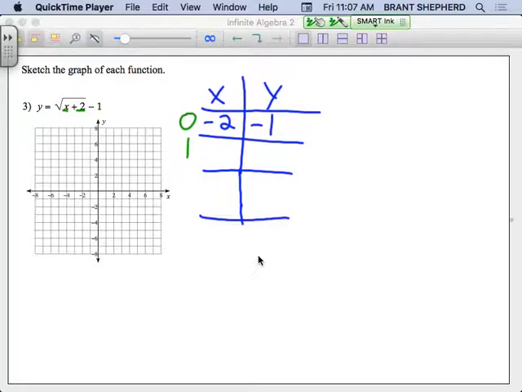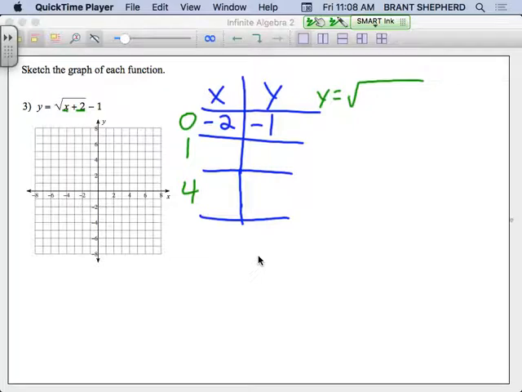My next perfect square after 0 is 1. And then my next perfect square after 1 is 4. So for my x's, I want to put in for x whatever's going to give me 1 and then 4 underneath my square root. So I'm going to do the square root, and I'm going to think of what I can add to 2 to get 1.